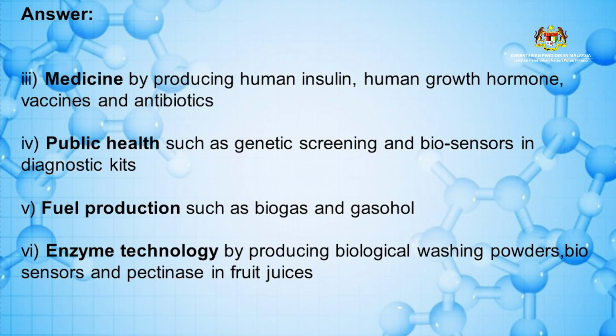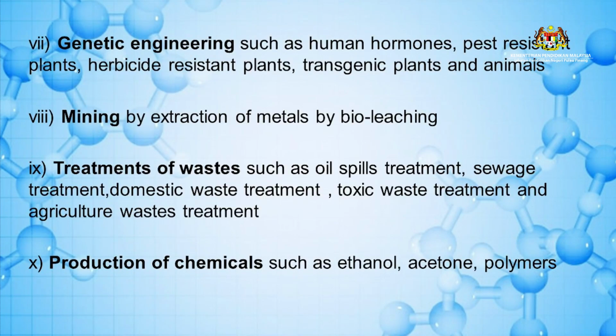5th, fuel production, such as biogas and gasohol. 6, enzymes technology, by producing biological washing powder, biosensors, and pectinase in fruit juices. 7, genetic engineering, such as human hormones, pest-resistant plants, herbicide-resistant plants, transgenic plants, and animals. 8, mining by extraction of metals using bioleaching. 9, treatments of waste such as oil spill treatments, sewage treatments, domestic waste treatments, toxic waste treatments, and agriculture waste treatments.